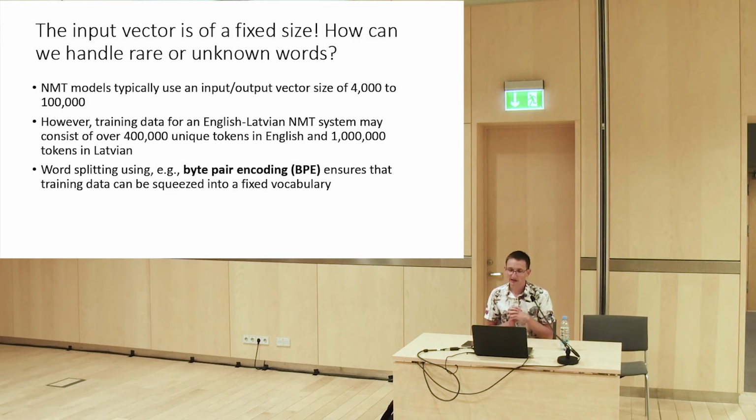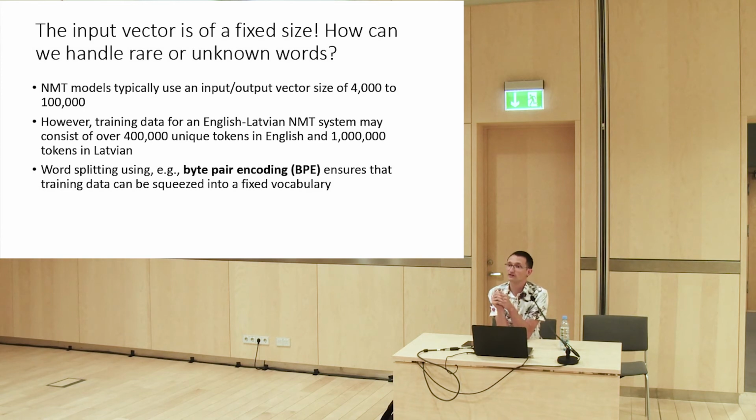So typically, neural machine translation models that we train use 4,000 to 10,000 dimensional vectors in the input signal and the output signal.